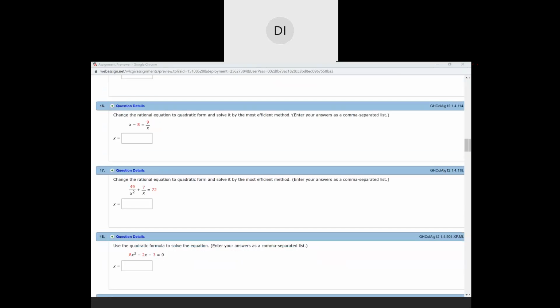Okay, so here we have 16, which is another equation with fractions. We know that we don't like fractions, right? To get rid of the fractions, I'm going to multiply both sides by the denominator, which is x. The x down and x up cancel.